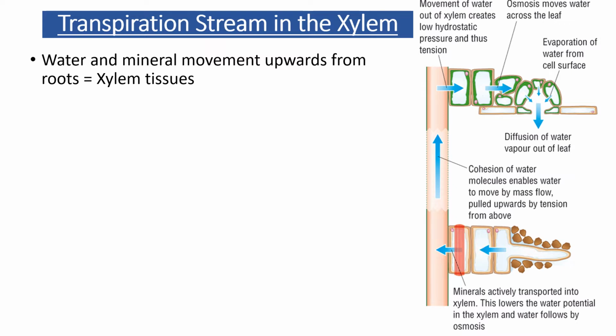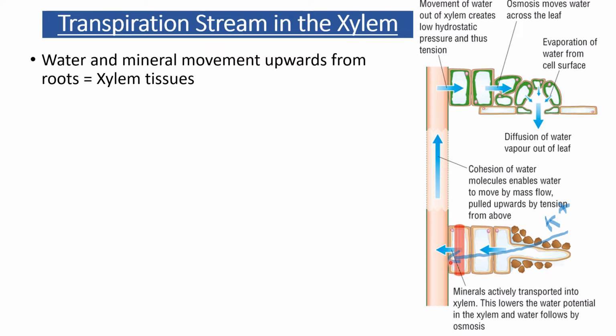At the same time, minerals such as potassium are being transported into the root hair cells by active transport, which lowers the water potential, allowing a water potential gradient to be set up across the cells in the root into the xylem.